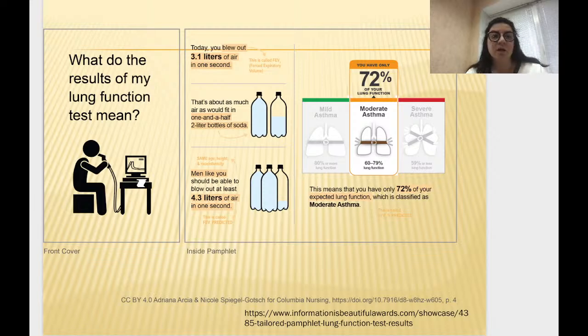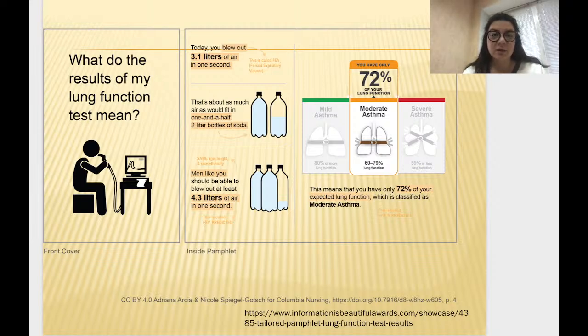Okay, and what is the result? Usually, for example, today you blew out 3.1 liters of air in 1 second. That is about as much air as would fit in 1.5 two-liter bottles of soda. You see? You can imagine nearly how much air you can blow out at one time.